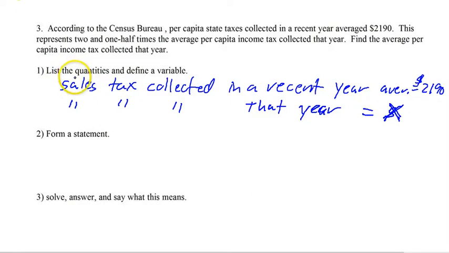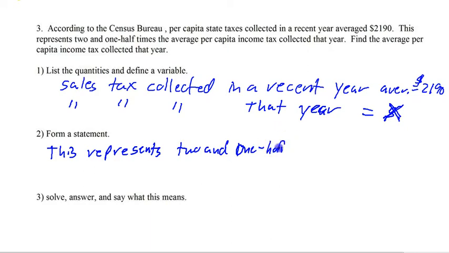Okay, so now we have to form a statement. And that's our translation. So let's write it out. This represents 2.5, I can't spell.